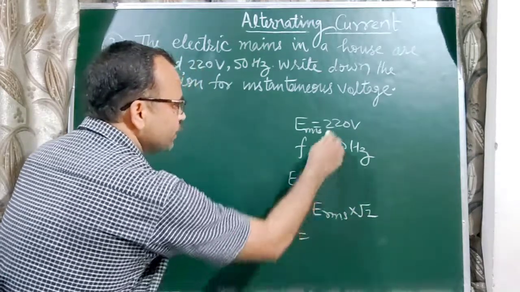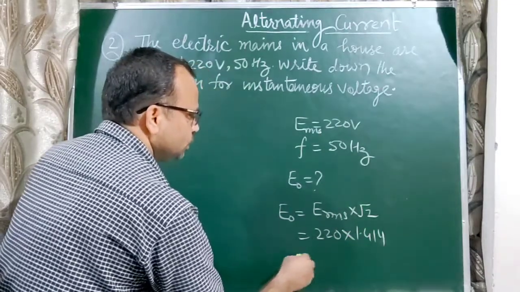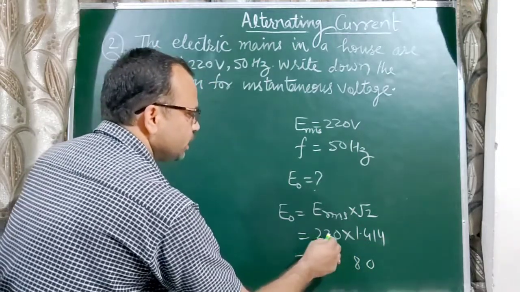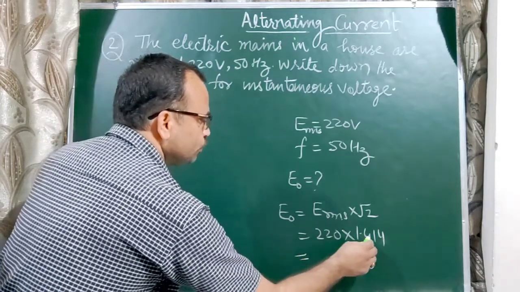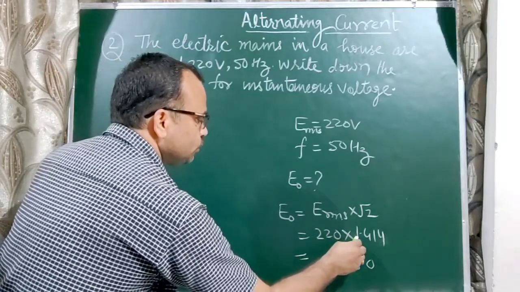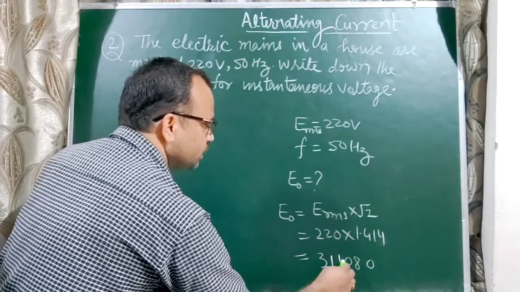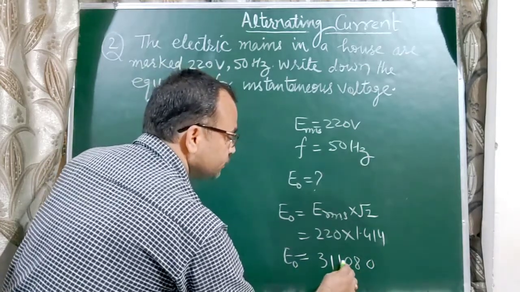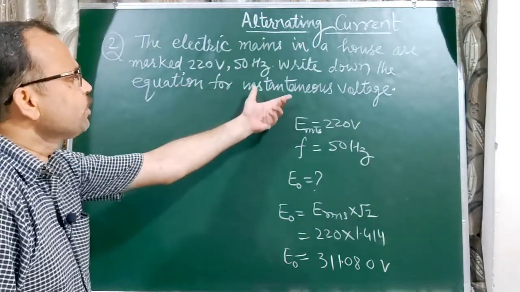The value of ERMS is 220 into 1.414, so value of E naught is 311.08 volt.